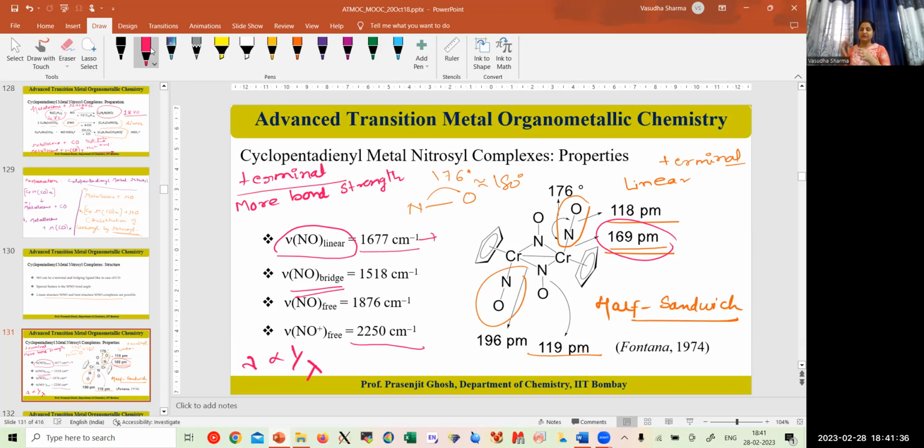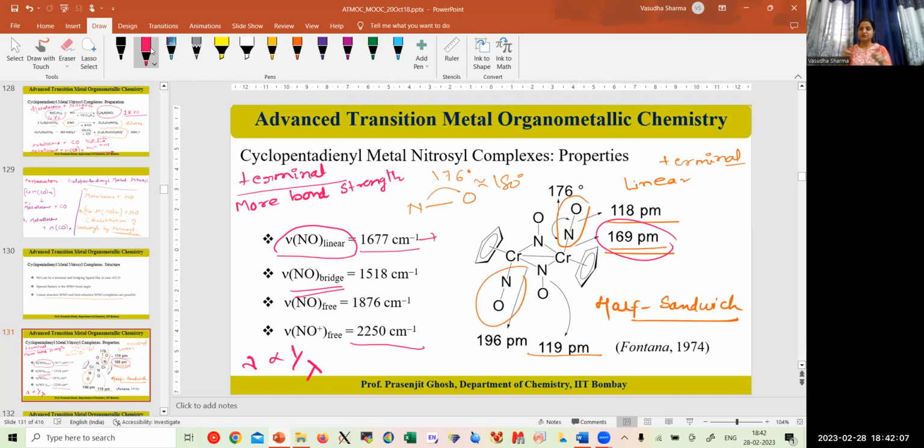If we see nitrosyl as linear and in the terminal position, the frequency of NO would be around 1,600 or something, whereas the bridging one would be having less frequency, because the stretching frequency we are talking about here, the bond length, is inversely proportional to the bond frequency, as it is tightly bound or strongly bound in the linear fashion when it is coordinated in a terminal way rather than the bridging.